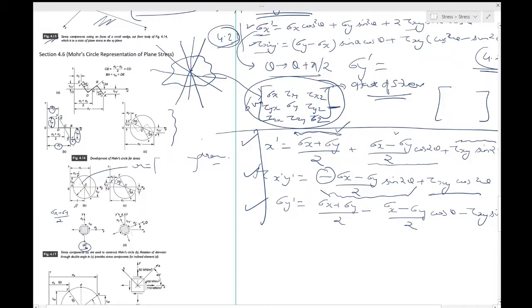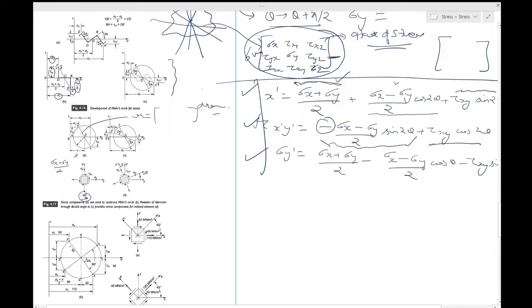So you have created a circle. Using this circle, you want to find what the values of sigma x dash and sigma y dash will be. Let's see how that comes out in practice when you really want to draw it.